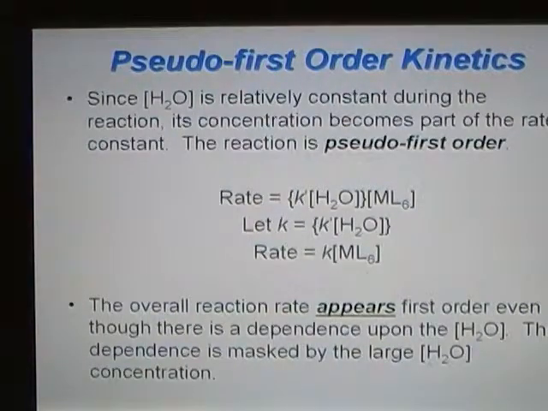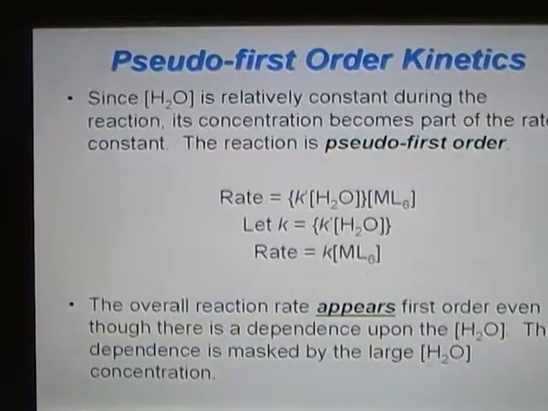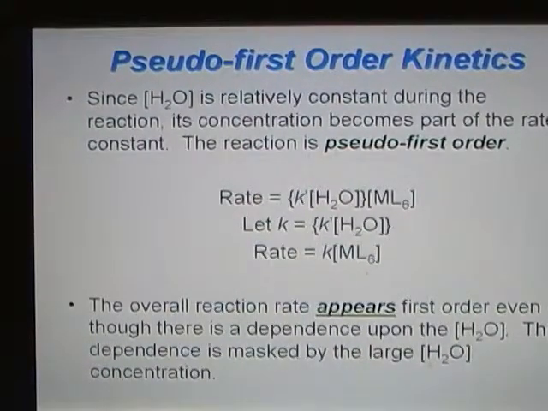The reaction rate appears to be first order, even though if you change the concentration of water, there will be a change in the rate of the reaction. This dependence on the water concentration is masked by its very large concentration in solution. So that makes it difficult to determine if a substitution reaction goes through an associative or a dissociative mechanism.